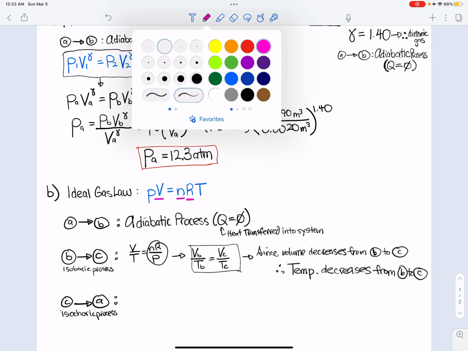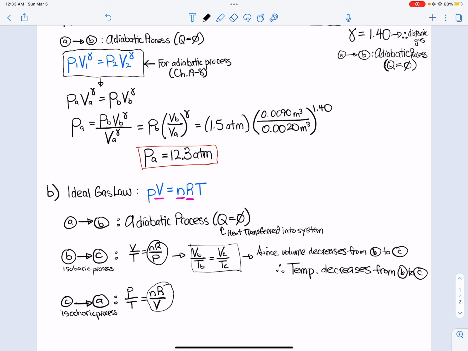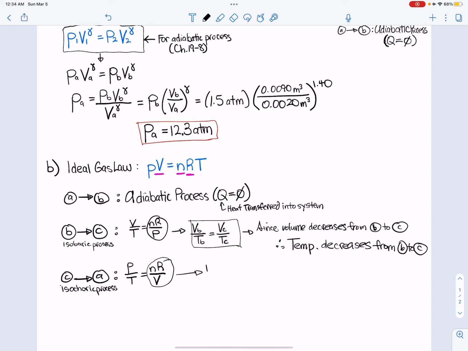So unlike the isobaric process, this time we've got P over T, pressure over temperature, is equal to n, the amount of gas in moles, times R, the constant, divided by V, the volume. So this time, everything on the right side of the equation is constant. So therefore, we can say that the pressure at B over the temperature at B is equal to the pressure at, I'm sorry, not B.